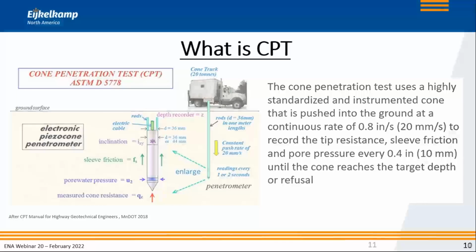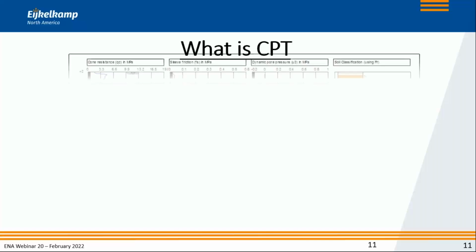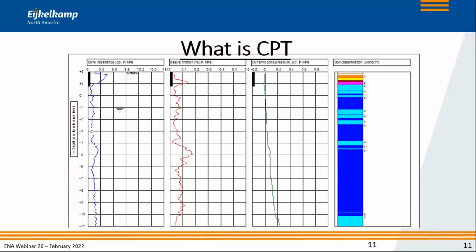Basically what happens is when you come to the job site and you start pushing the cone, you start getting your three lines, your squiggly lines, as Paul Main refers to them. You get your cone resistance, your sleeve friction, and your dynamic pore pressure. That gives you, as I mentioned before, an indication of what the soil behavior classification is.